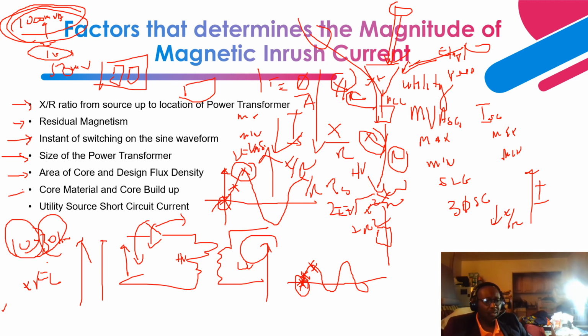That itself makes it easier for the flux to traverse the core. As you make it easier for the flux to flow through the core material, that will impact the amount of magnetic inrush current that you are having.